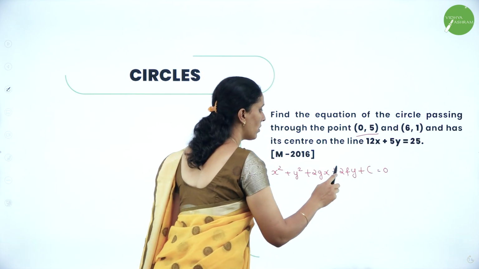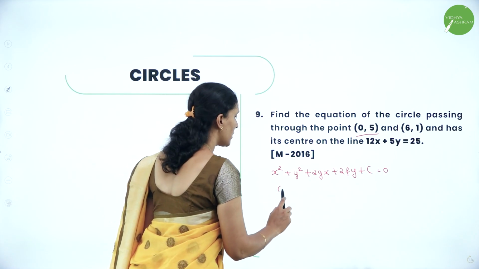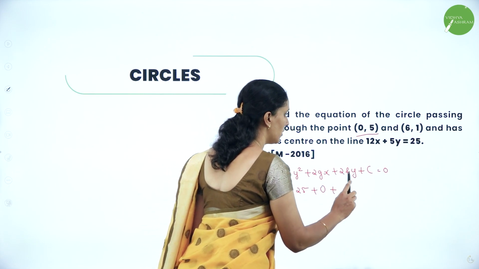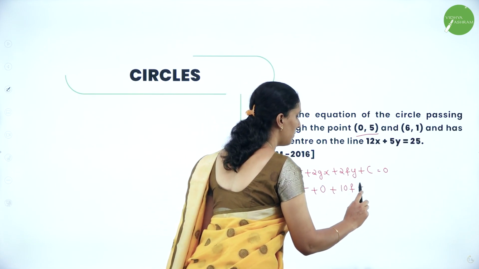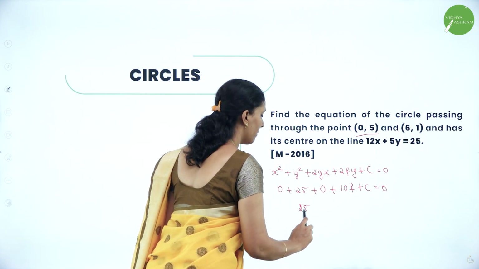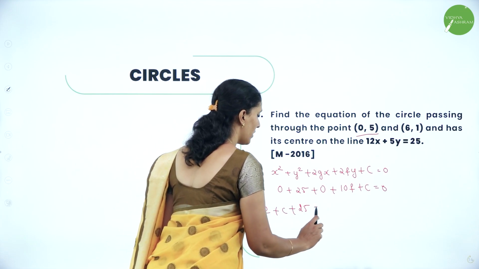Since the point is on the circle, we'll take x is equal to 0, y is equal to 5. So 0, 25, 10f plus c is equal to 0. So here we'll get 10f plus c plus 25 is equal to 0.